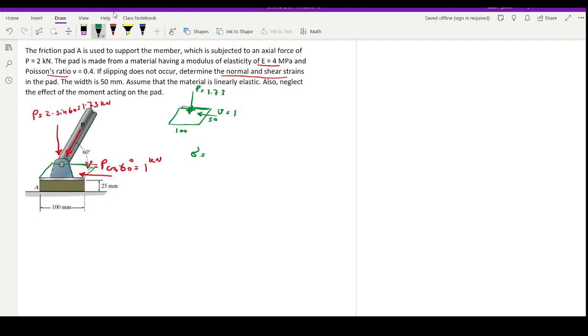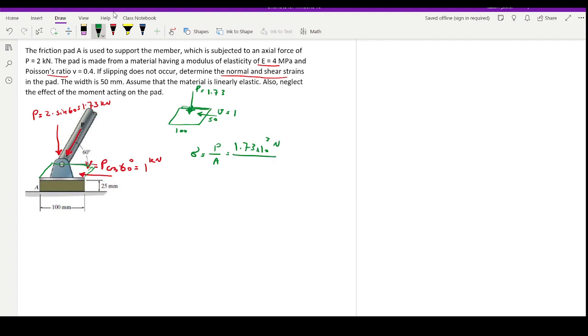Sigma, the equation for sigma clearly is P over area. Don't forget, this P is the vertical component of the given 2 kilonewton. That's 1.73 times 10 to the power 3 Newton.